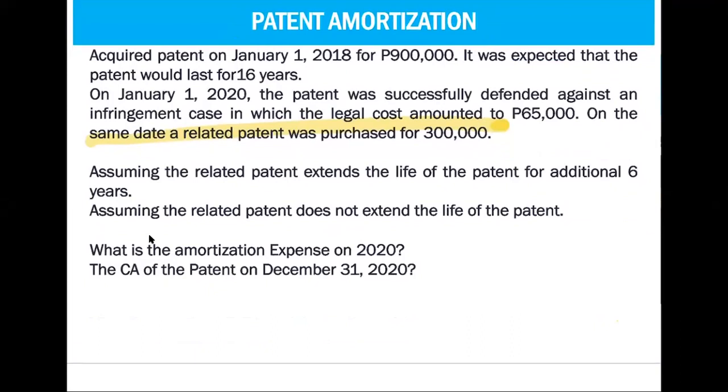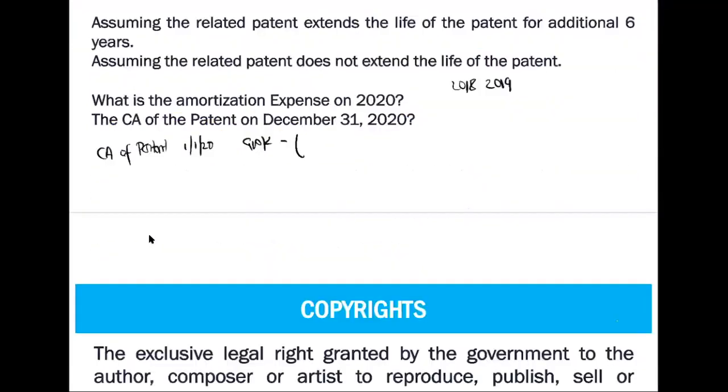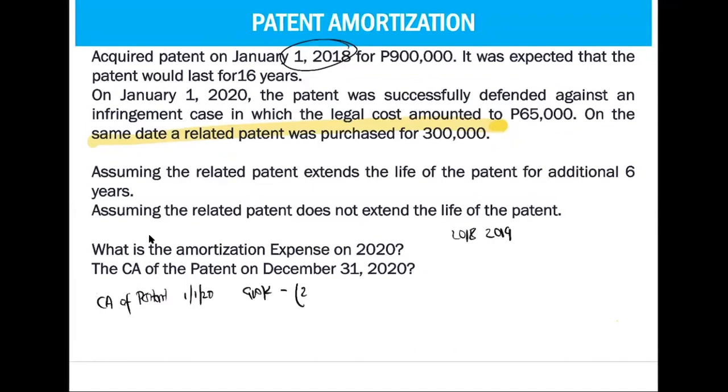So first, we need to get the carrying amount of the patent on January 1, 2020. Since we have 900,000, we need to deduct how many years of patent amortization. So 2018 and 2019. For 2018, we have January 1. 2019, we have 1 year again. So 1 year, 1 year. So we have 2 years of patent amortization.